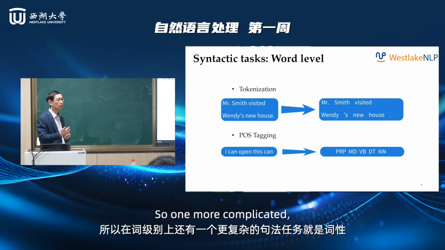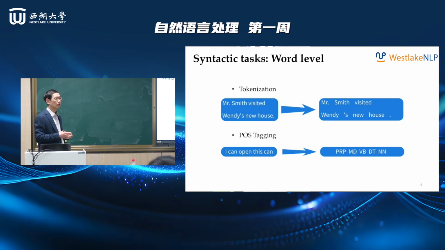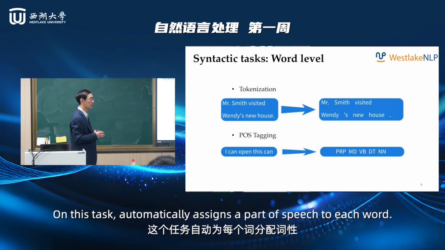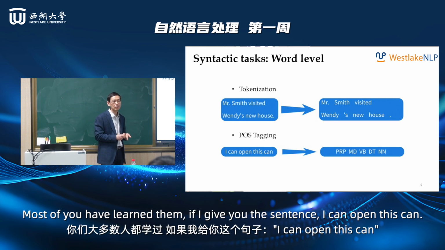So one more complicated syntactic task on the word level is part of speech tagging or POS tagging. This task automatically assigns a part of speech to each word, where by part of speech I mean the noun, the verb, the adjective. Most of you have learned them, right?